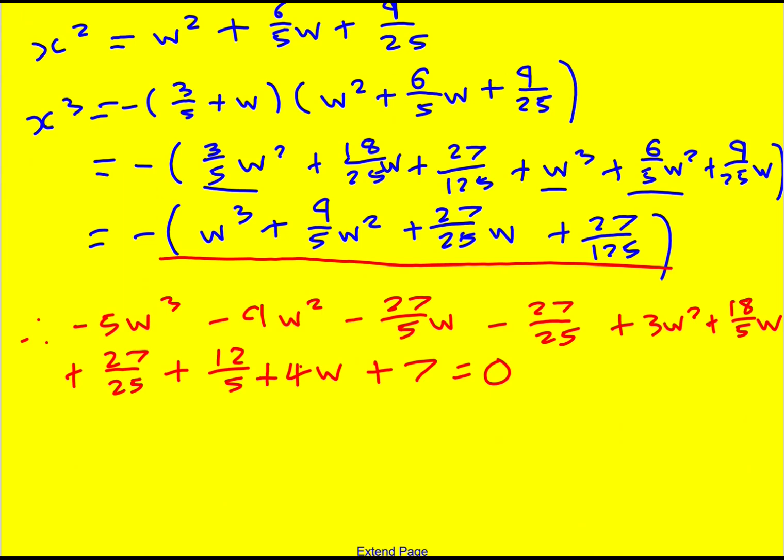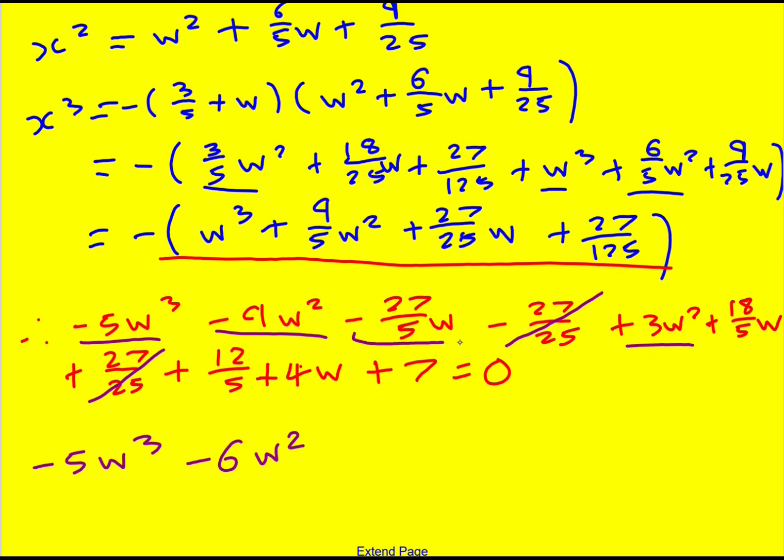When I did it, I think I cancelled these out and then I times through by 5. I think I'm just going to keep going though, to be honest. So minus 5w cubed. Let's deal with the w squareds. So I've got minus 9 and plus 3. That's going to become minus 6w squared. Then minus 27 plus 18.